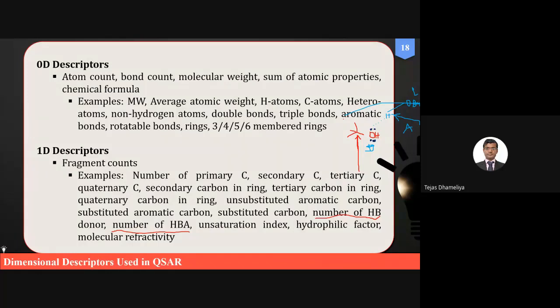You can calculate this by looking at the structure, or we have also calculated it in our molecular modeling software. And there are also other parameters like molecular refractivity or refractive index, etc., which can also be considered.